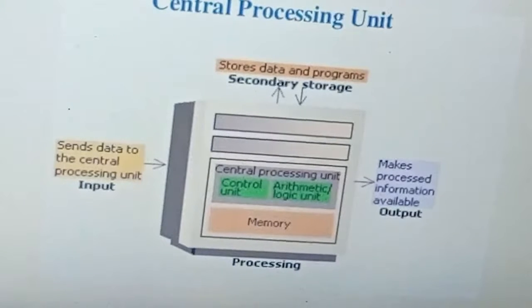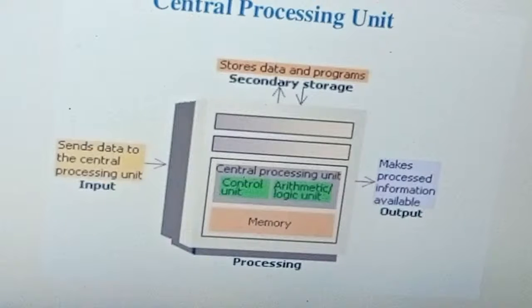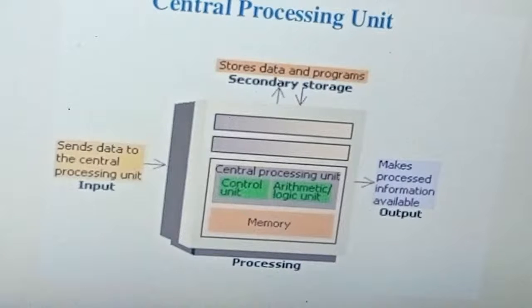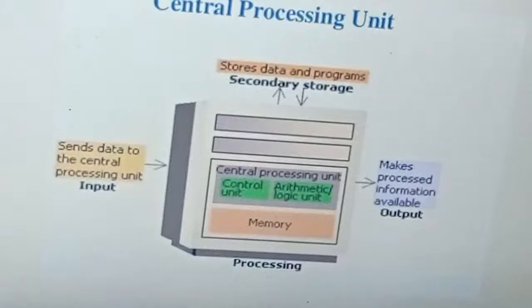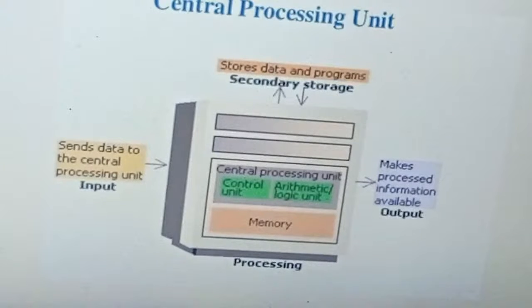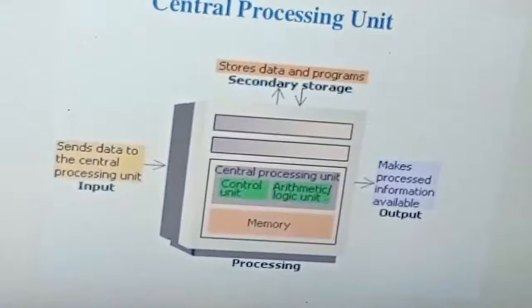It consists of a highly complex set of electronic circuitry that executes stored program instructions. And here the central processing unit performs 4 steps for each instruction. The first step is that it fetches the instruction from the memory.